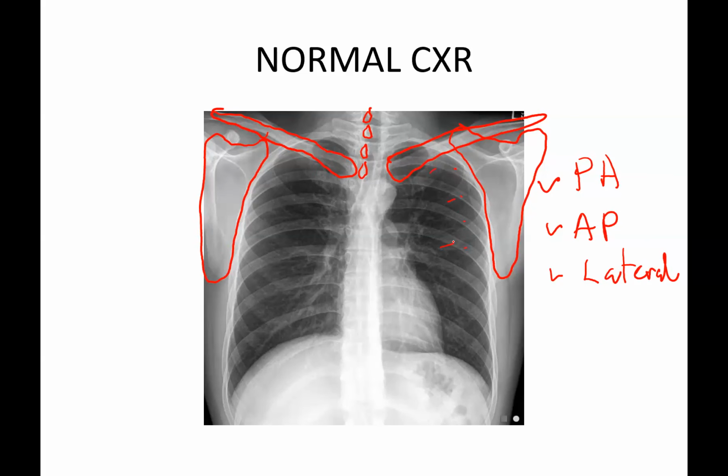That is another feature. Then you have at least 7 ribs above the diaphragm. This is the diaphragm. Now you have 1, 2, 3, 4, 5, 6, 7. At least 7 ribs above the diaphragm because the X-ray is coming from behind, so more of the ribs are exposed.